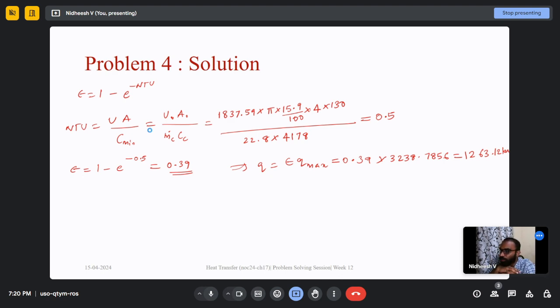In the meantime, can you calculate the value of mass flow rate of the hot fluid, which is the condensation rate, that is equal to Q divided by HFG, the latent heat of vaporization? Let me disconnect and connect.